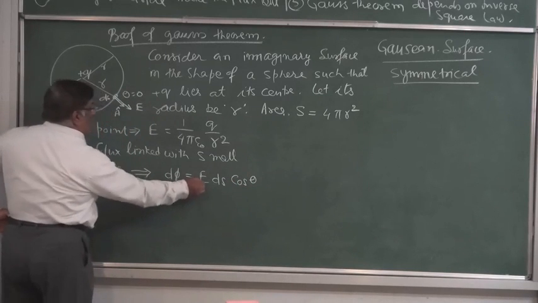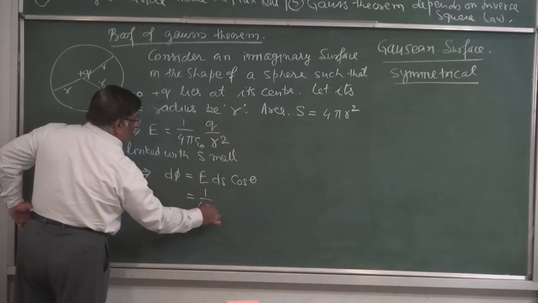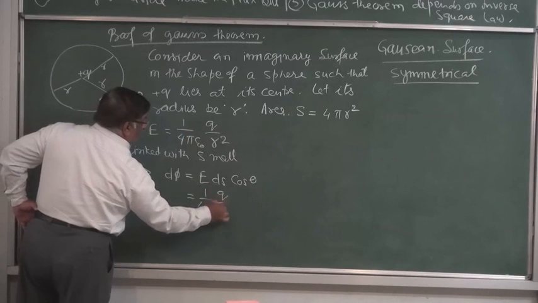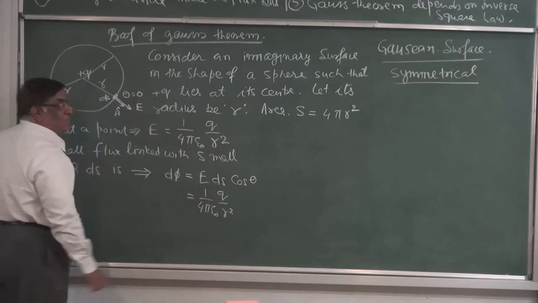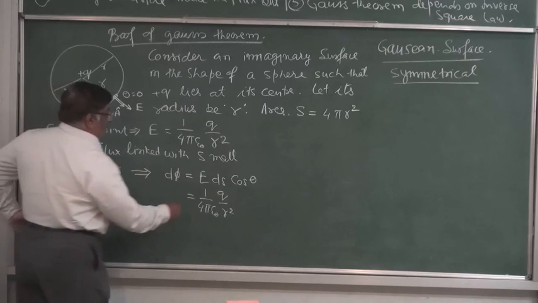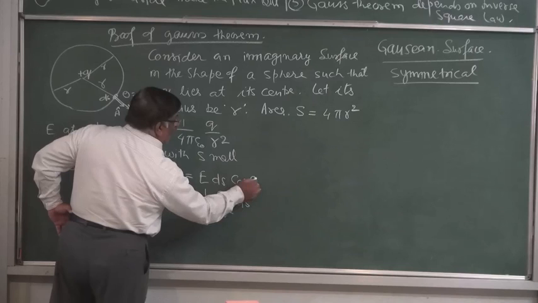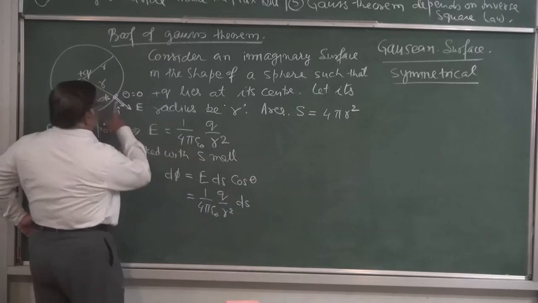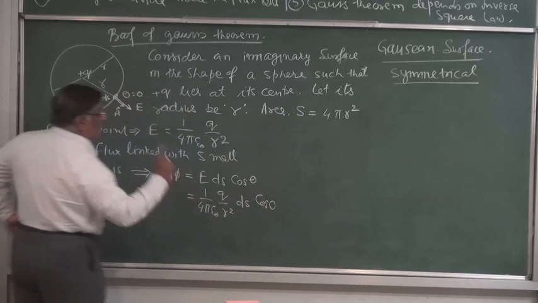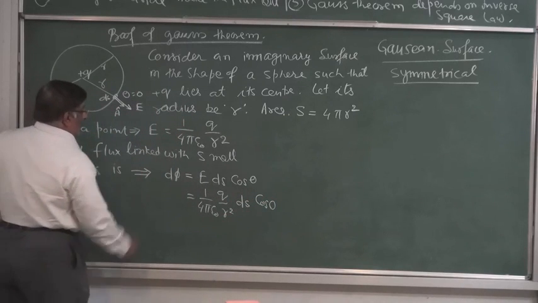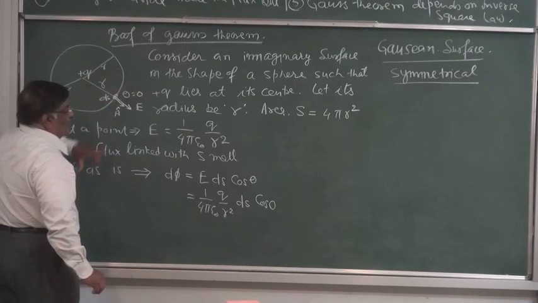Here the quantity of E is 1 upon 4 pi epsilon naught q upon r square. This is the inverse square law. Remember? This is to be multiplied with ds and cos theta. Here theta is 0, so we will write cos 0, which will turn out to be 1. Now this is d phi, the small flux made here.